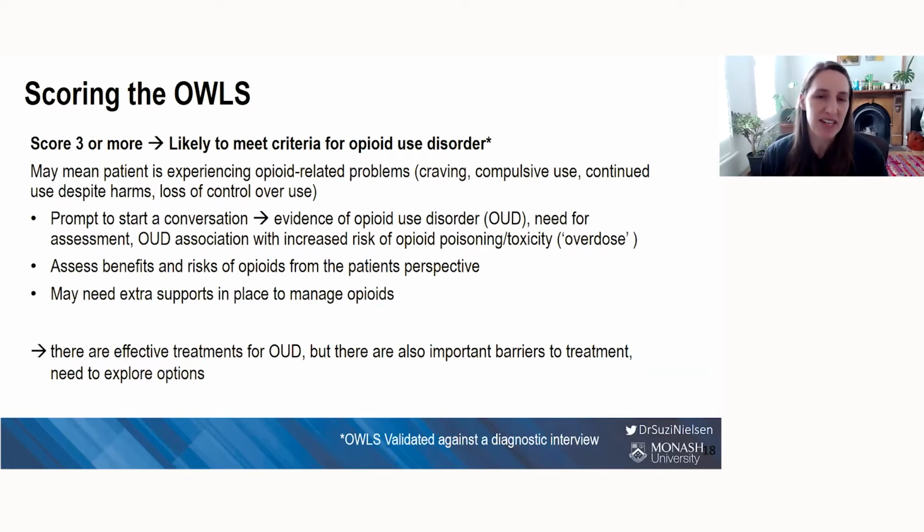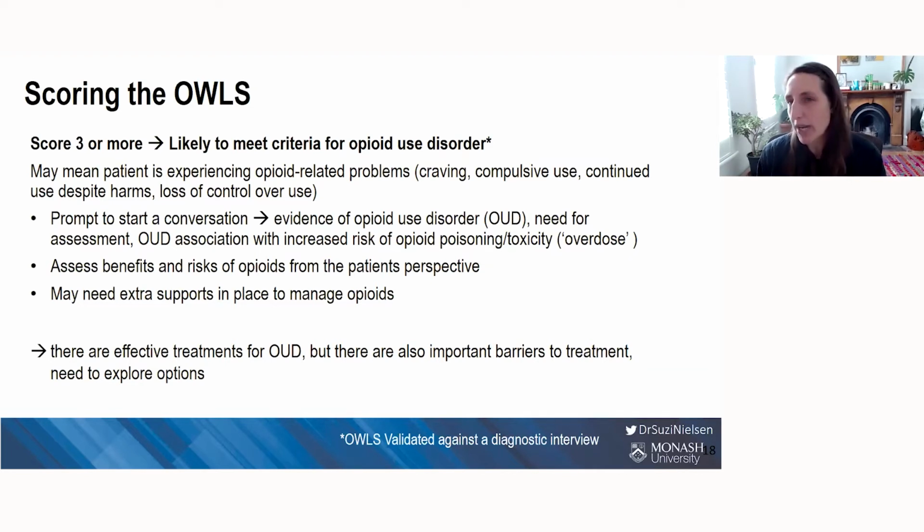But I would flag that it is really important to acknowledge that there are important barriers to treatment, and that this isn't a quick conversation. This is something that you might start to set up with a patient over a period of at least a couple of conversations, to understand their risks and benefits and what they're experiencing, and whether treatments like methadone or buprenorphine might be appropriate for the patient in front of you.